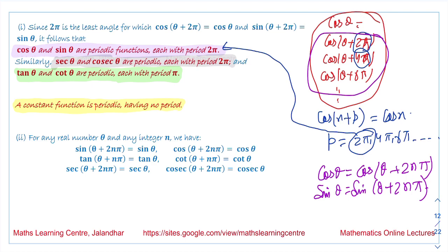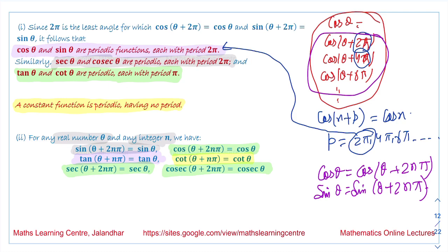For any real number theta and for any integer n, we have sine of theta plus 2n pi is equal to sine theta, cos of theta plus 2n pi is equal to cos theta, then tan of theta plus n pi is equal to tan theta, cot of theta plus n pi is equal to cot theta, secant of theta plus 2n pi is equal to secant theta, and cosecant of theta plus 2n pi is equal to cosecant theta.